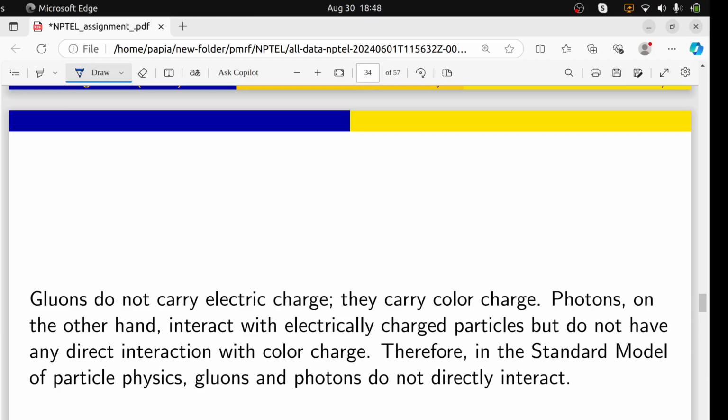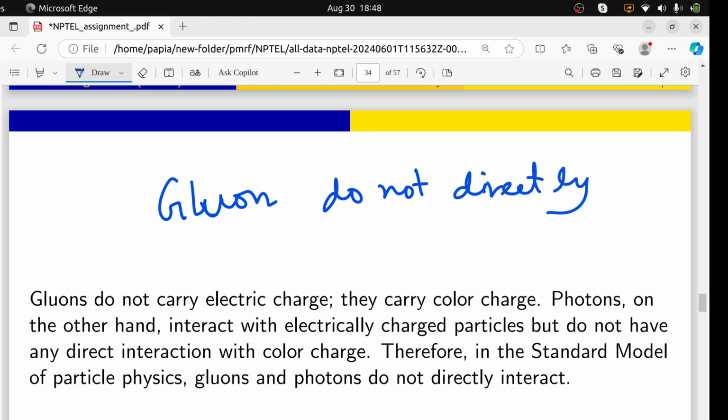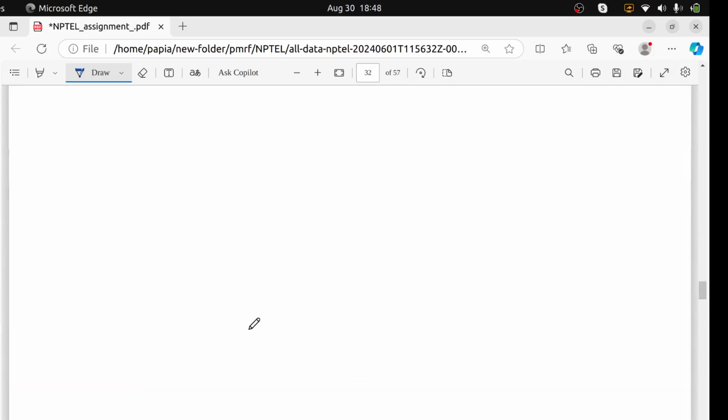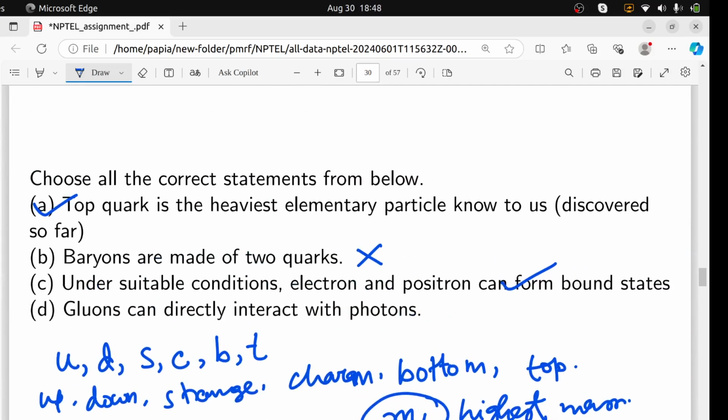We will only focus on the fact that gluons do not directly interact with photons. So the statement that gluons can directly interact with photons is wrong.